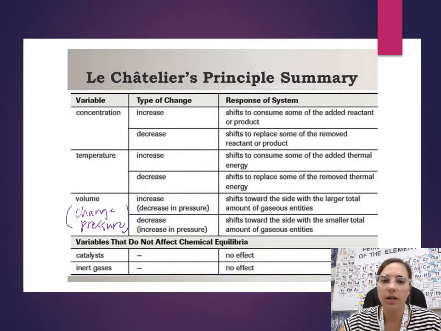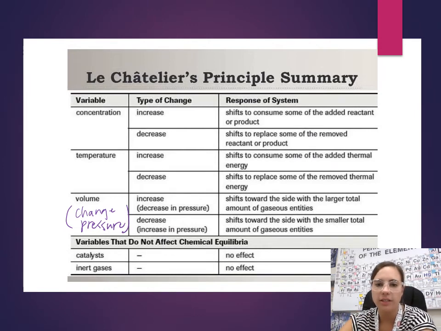Concentration, if we increase, we shift to consume it. If we decrease, we shift to replace it. Temperature, if we increase, we shift to consume that added energy. If we decrease, we shift to replace it. Volume, if we increase the volume, that decreases the pressure, so you shift to where there's more gas. If we decrease the volume, we increase the pressure, so we shift to where there's less gas.